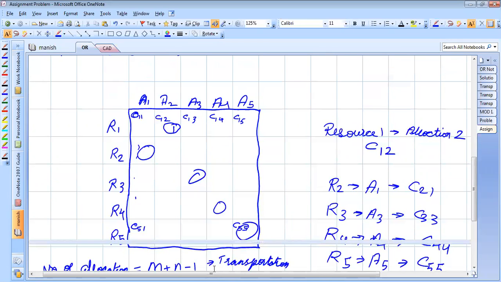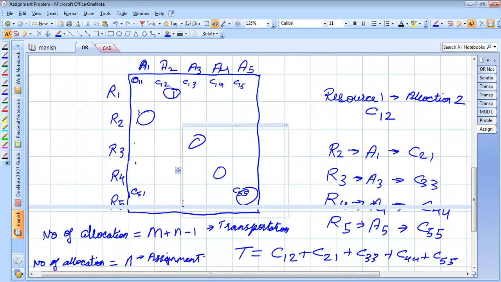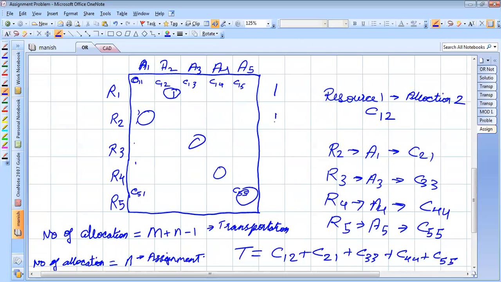What does this mean? This means that, say, number of rows are n. Number of columns are n. What is the supply here? Supply here is 1. Here is 1, 1, 1, 1. So if you have made an allocation here, demand is also 1, 1, 1, 1, 1. So if I make an allocation of 1 here, this means that this will become 0. This will also become 0. Okay. So this will get eliminated.